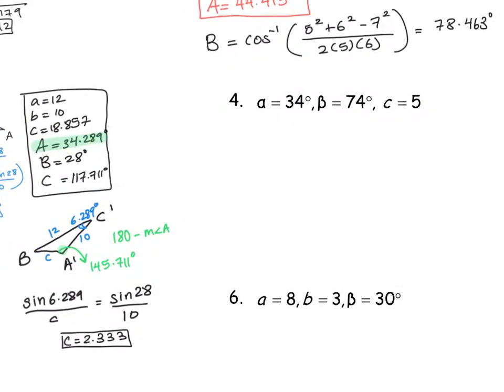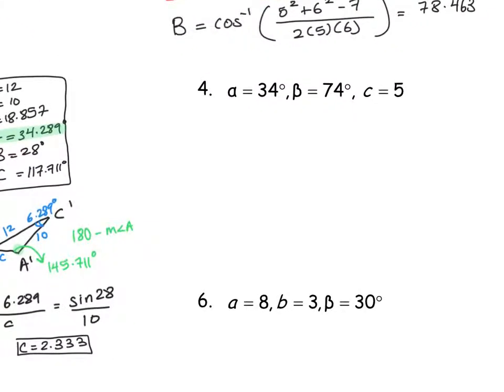Now go ahead, pause the video and try number 4 on your own. Now for number 4, you will find that angle A is equal to 34 degrees, angle B is 74 degrees, and angle C is going to be 72 degrees.